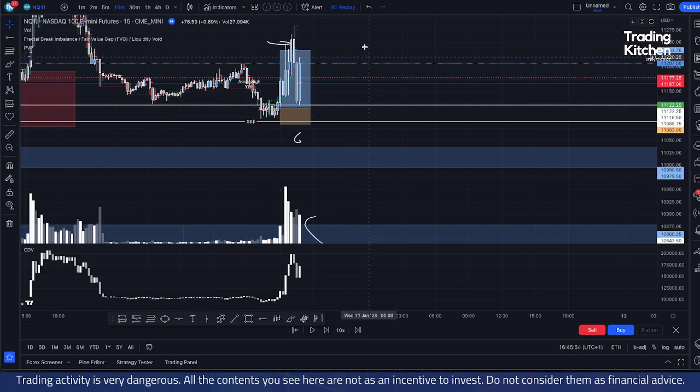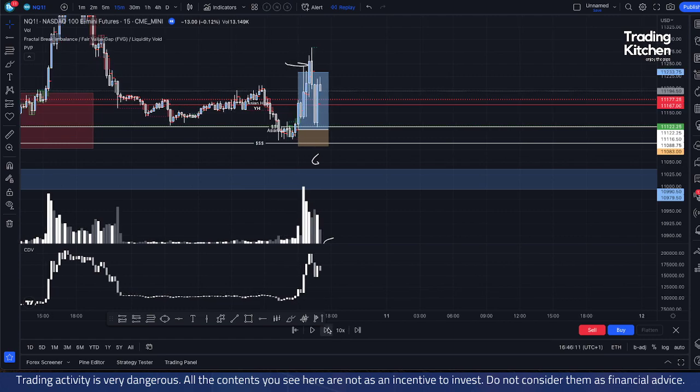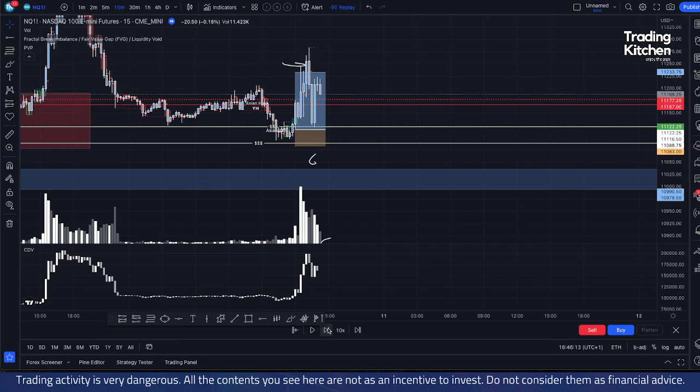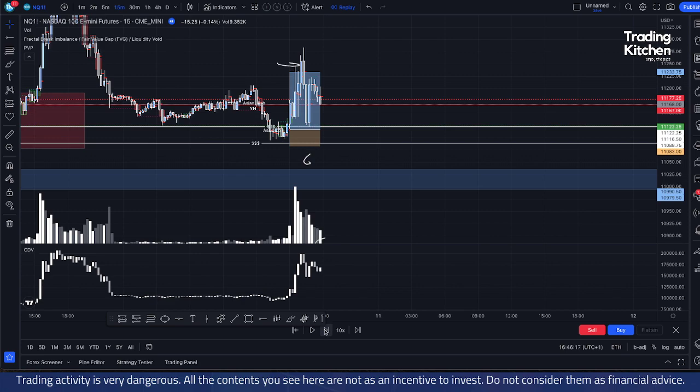Okay, so as you can see, price re-enters inside the trade, and inside this zone, so the Tokyo session zone, and this could be good for us for another trade, okay, but the CFD doesn't confirm.